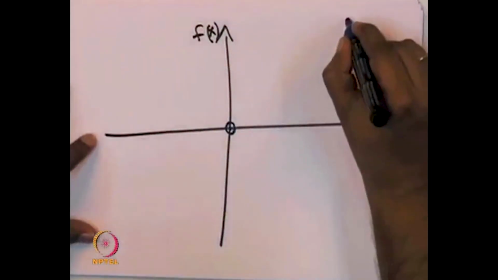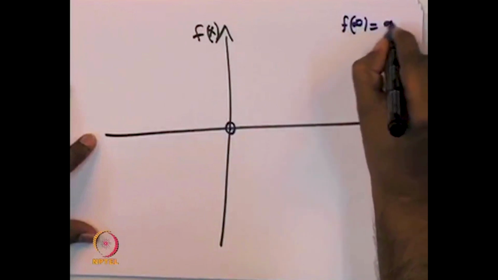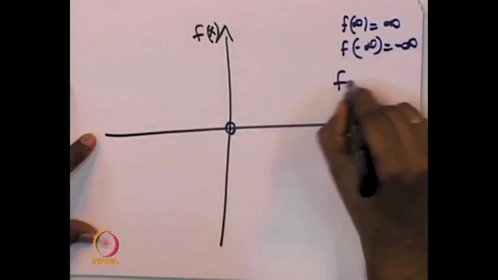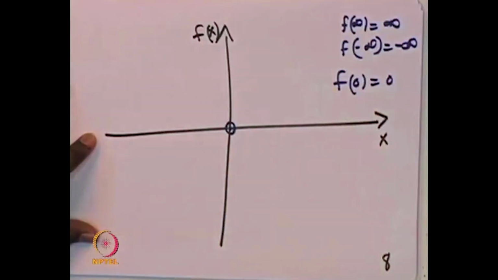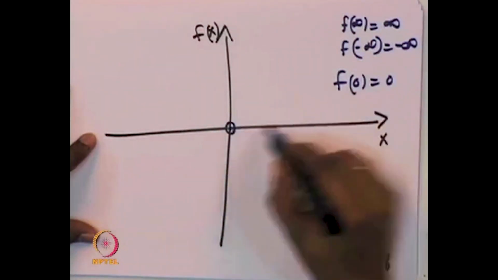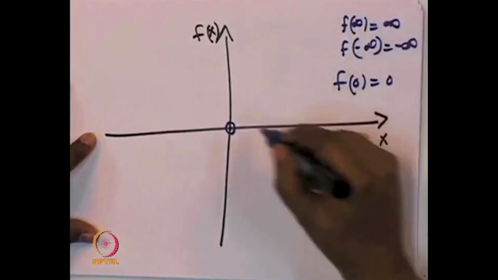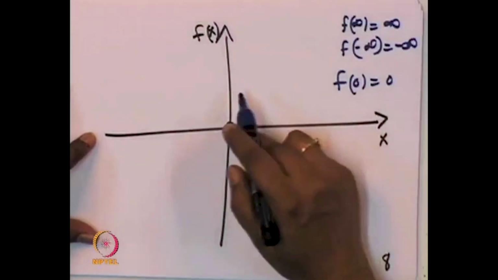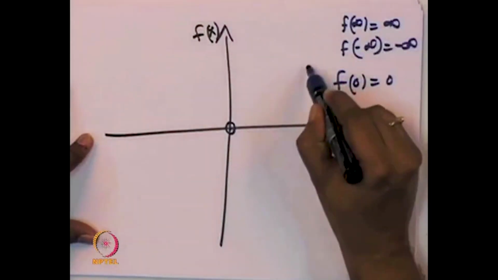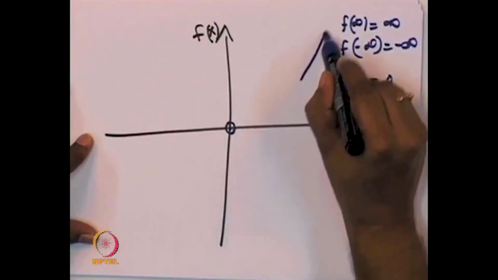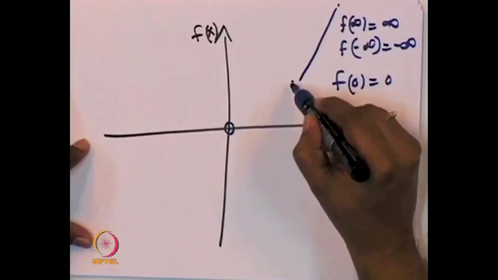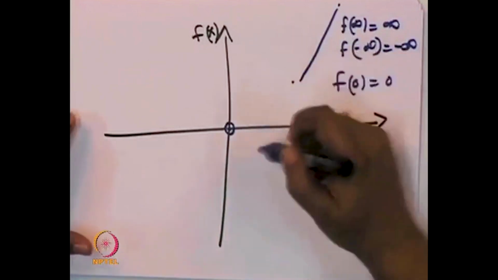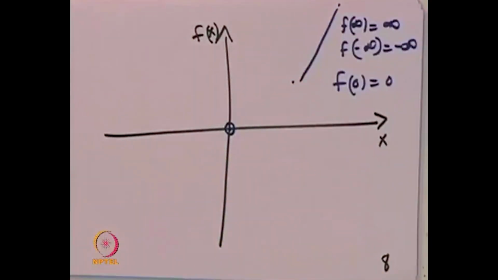We learn that f at infinity is infinity, f at minus infinity is minus infinity, and f at 0 is 0. As x goes to larger and larger values, the function should go to infinity. So, as x increases, the function should increase; this is the only way the function can go to infinity.